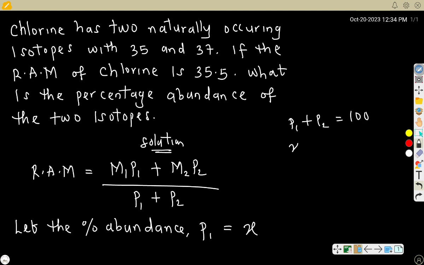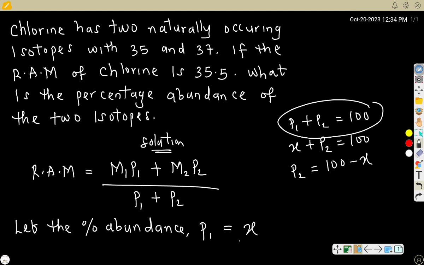So now that P1 is X, that will be X plus P2 equals 100. So P2 will be equal to 100 minus X, so that if you sum the two, it must give us 100.